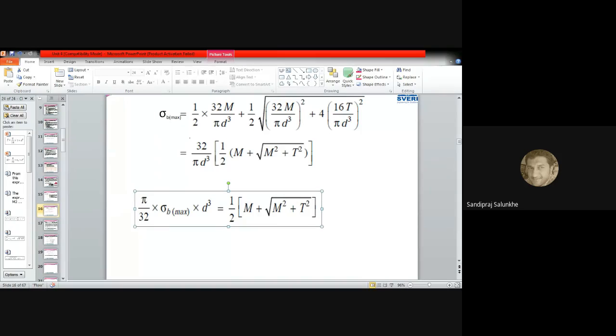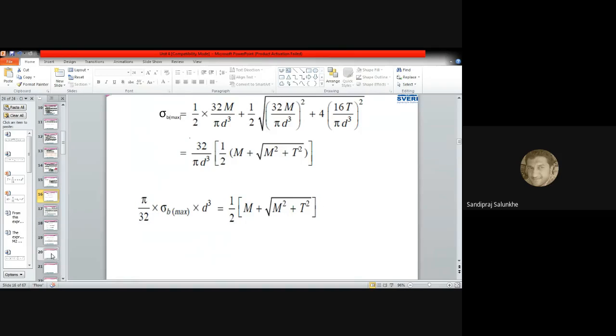So if you want to use the same equation for a hollow shaft, then what modification do we have to make? I'll put it on the next slide.